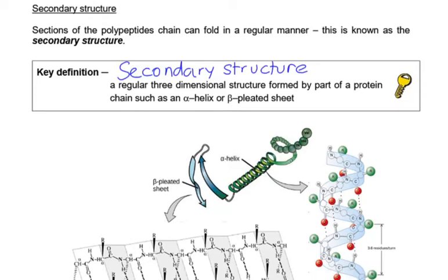So the two secondary structural motifs, types of secondary structure that you need to know about, are the alpha helix and the beta pleated sheet.